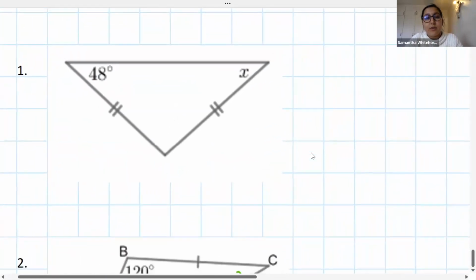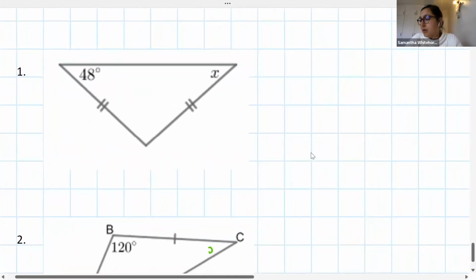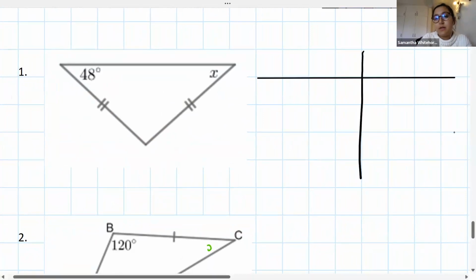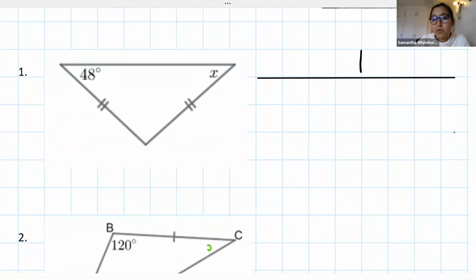Alrighty, so what I want you guys to try for me by yourselves is this first question here. All I want is the value of x. That's it. Okay, so remember your statement and your reason. I've given you information here. I'm not going to say what information I've given you. I want you to look at the diagram and decide what information have I given you that's useful to work out x.